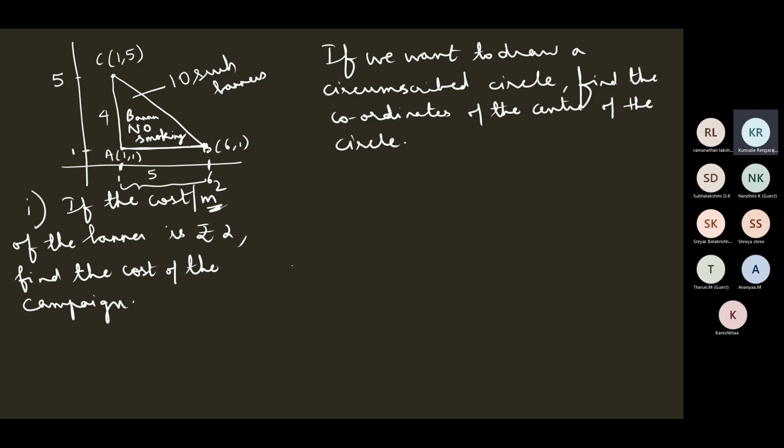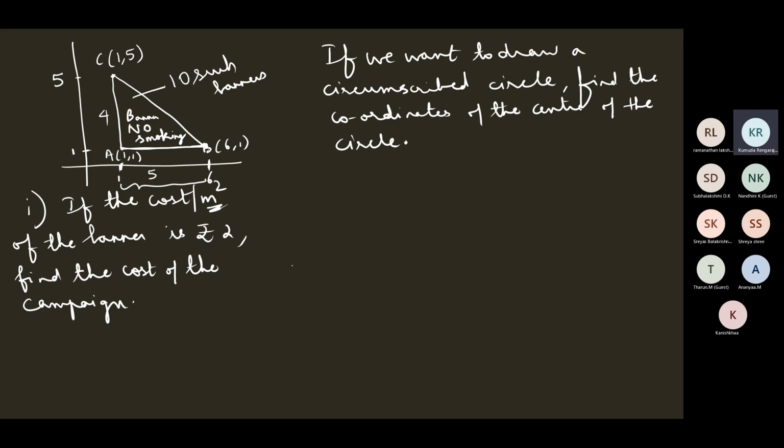Is this a right triangle? It is a right triangle. So there is a very important property to be used here, children. Since Shreyas raised it, I'll just complete that. In an equilateral triangle, the circumcenter, incenter, the centroid, orthocenter all coincide. Circumcenter is the center of the circumcircle.